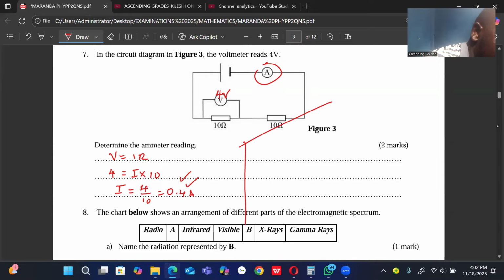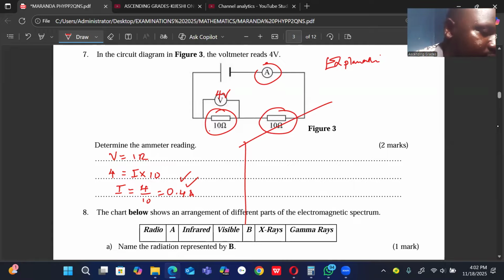In case, just some explanation, the current that is passing through this 10 ohm and this 10 ohm is just the same. So if we calculate using just one of the resistors, we still get 0.4.